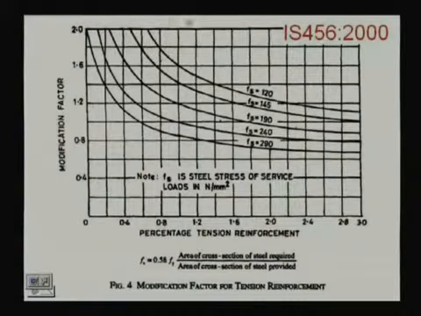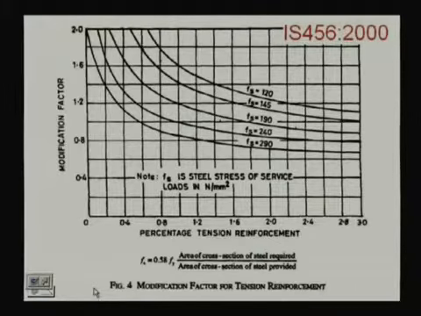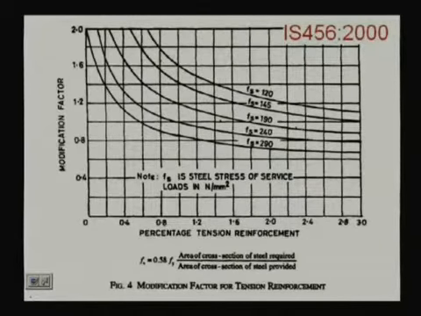We shall use figure 4, modification factor for tension reinforcement. We have given the tension reinforcement, the Ast that we have calculated, here 0.373%.